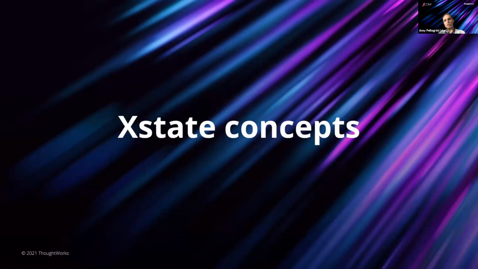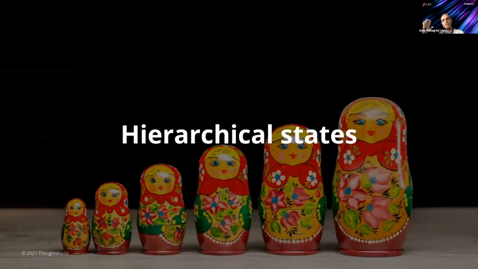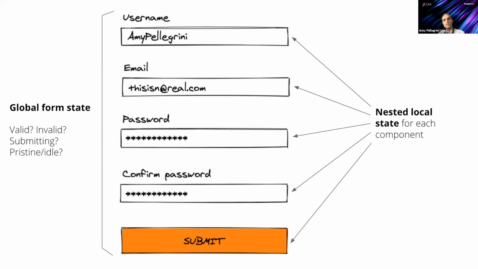So let me walk you through some of the Xstate concepts and how it is useful. The first concept is that your states can be hierarchical. If you remember the case of the form that we were talking about before, you have a global form state, which is basically telling you if the form is valid or invalid, is it submitting, is it idle, just waiting for the user. All of these different states can be considered part of the global state of the form.